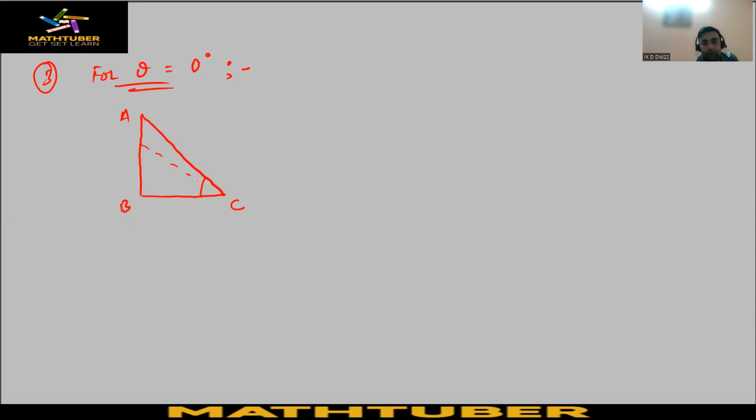So first of all, for theta equal to 0 degree, what we need to do is, suppose you have a right angle triangle, and if you want to make this angle 0 degree here, what you need to do is you need to take this hypotenuse and you just need to change the length of the perpendicular.